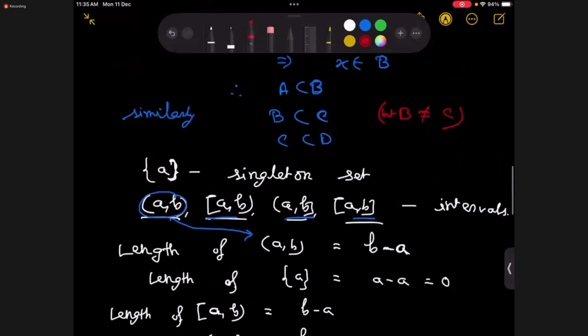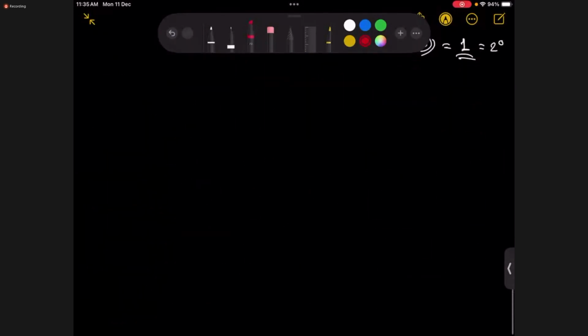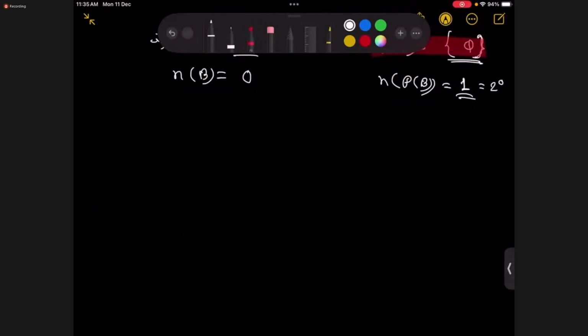Okay, I hope up to this it is clear. Now let us talk about the universal set. Before discussing the universal set, let us discuss the term universe.